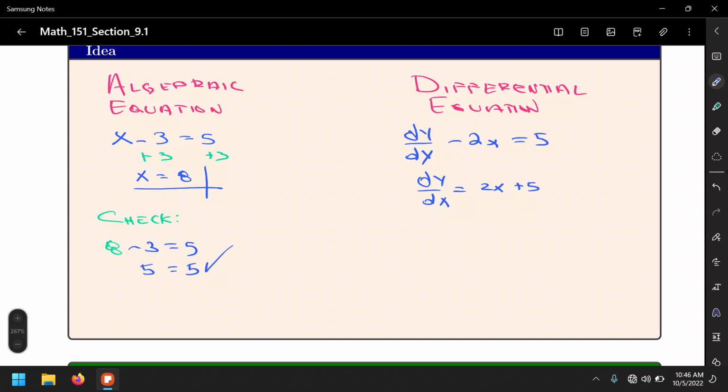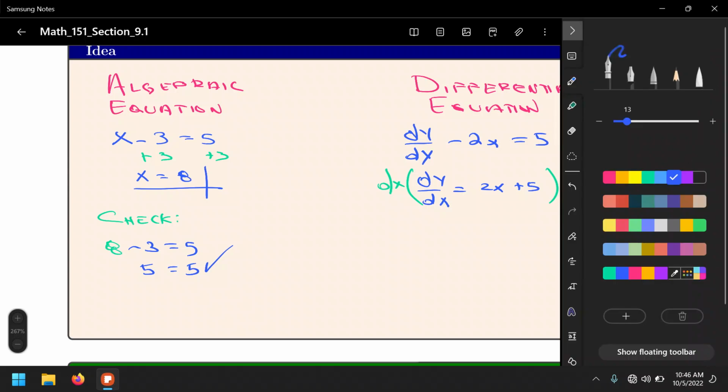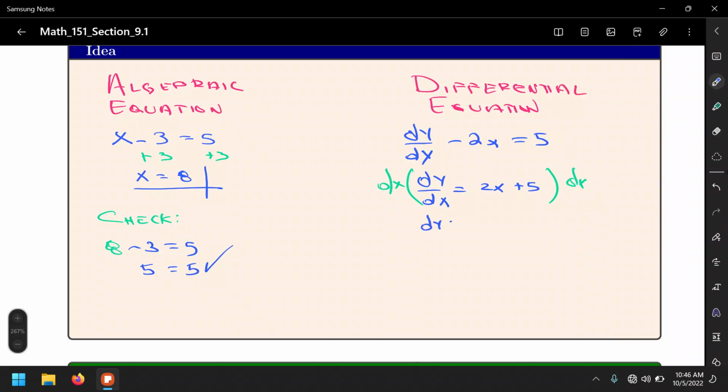So here we're going to leave everything containing a y on the left hand side and everything containing x on the right hand side. So we will multiply both sides by dx. Essentially, we're finding the differential. So that's dy equals (2x plus 5) dx.